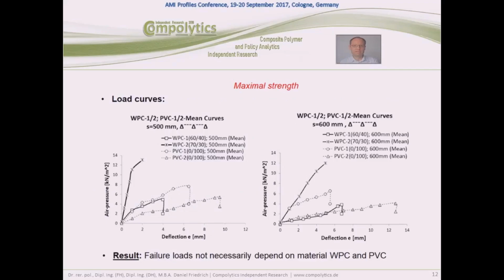And the values we received, you can see here for 2 tested field spans, 500 millimeters and 600 millimeters, and we received values from something like 12 to 13 kilonewtons per square meter for the WPC with the thicker walls, and then as second ranged one of the PVC profiles, at third ranged the second WPC profile, and worst was the very thin PVC profile.